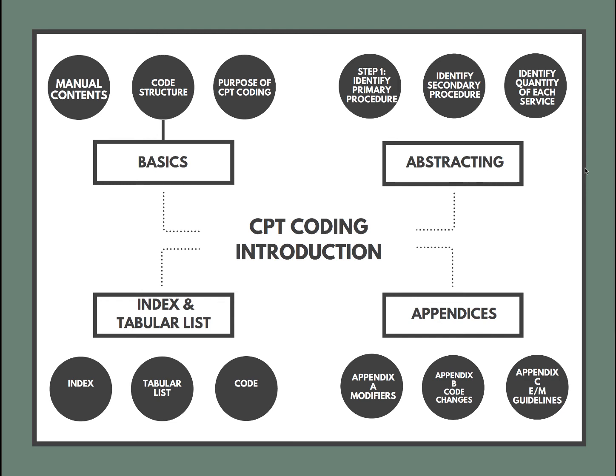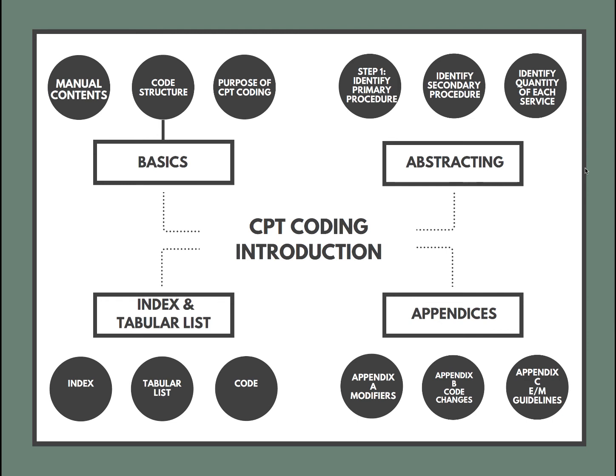There's a difference between modifying terms and modifiers. Modifiers are two-character suffixes that are appended to those Category 1 codes, like I just spoke about when we were going through the tabular list information a few minutes ago. Those modifiers further explain the service that was provided.